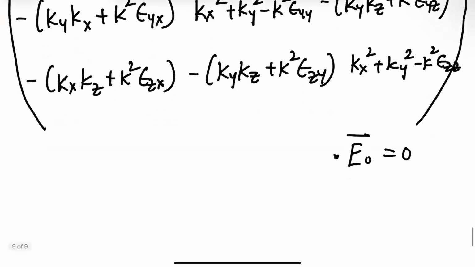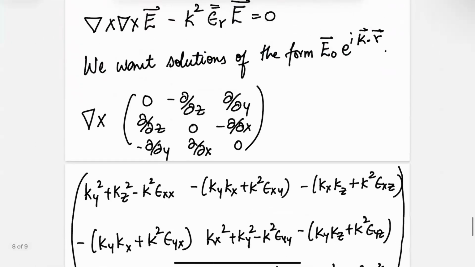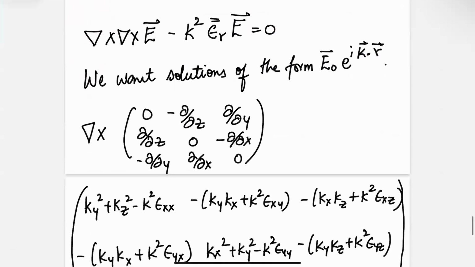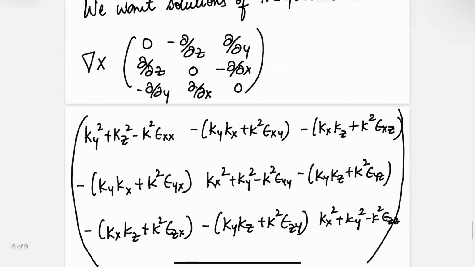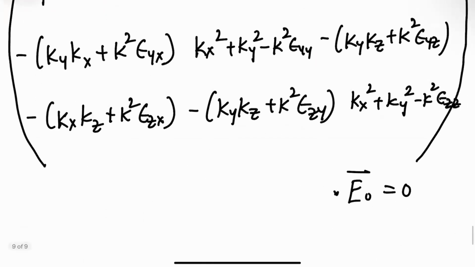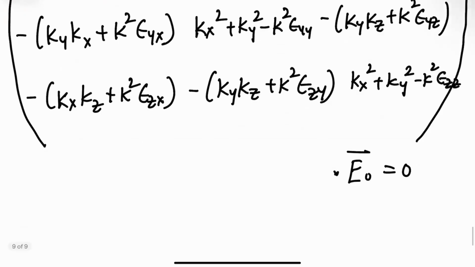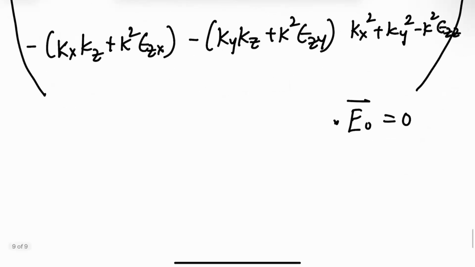Okay, so that's the equation that's just the wave equation basically, under the condition that we're looking for these plane wave solutions. So we have a matrix times a vector equal to 0. Now we know that for this to be true for any E naught, to get a non-trivial solution, we need the determinant of this matrix to be 0, right? So delta, which is the determinant of this whole thing, must be equal to 0.